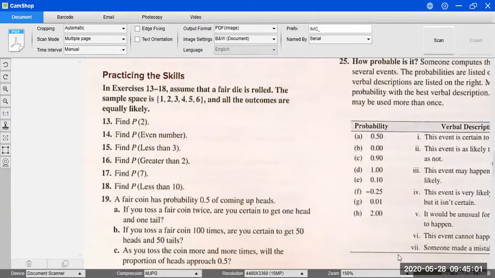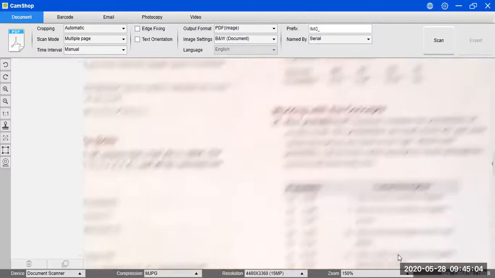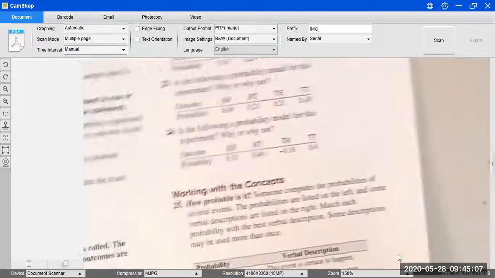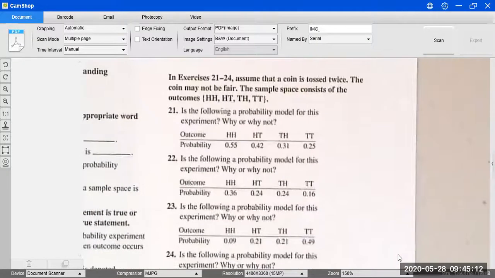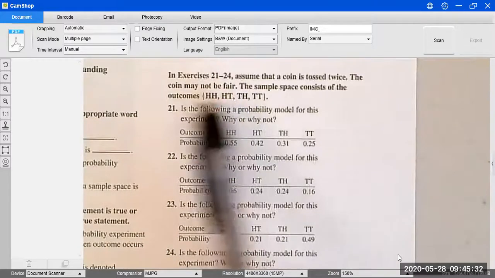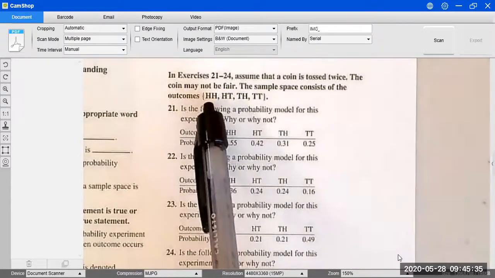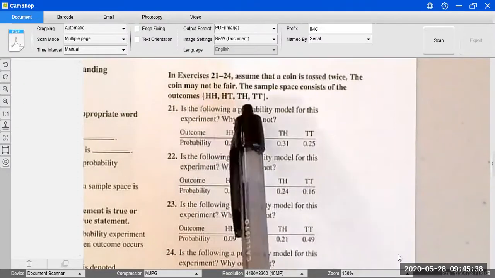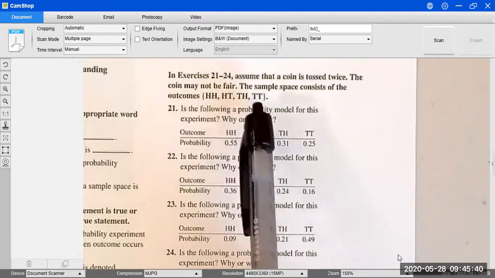So now you're going to solve problems 21 through 27. So it's just the rest of this page. So 21 through 24, you're going to use the sample space that results from tossing 2 coins or tossing 1 coin twice. So it's the same thing. So this is your sample space when you are tossing 2 coins or 1 coin twice. So you might get 2 heads, head and tails, or first tail and then head, or 2 tails.